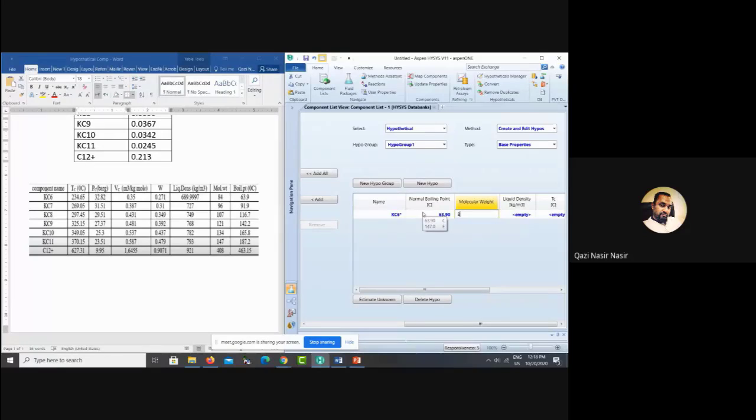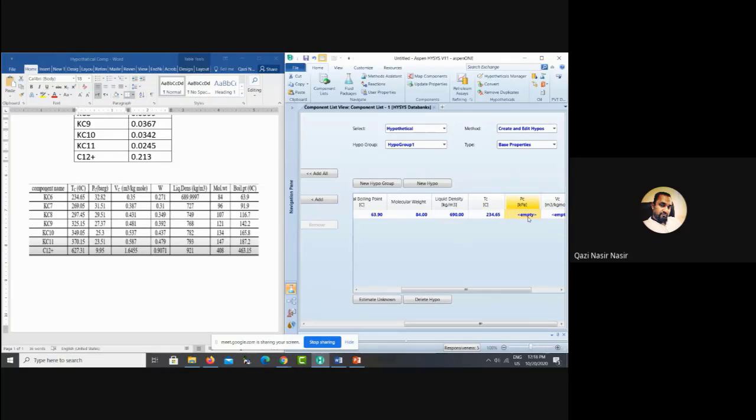Pay attention, you just need to key in the information. The liquid density is 689.9997 kg per meter cube. The critical temperature, which is in degrees Celsius, is 234.65.